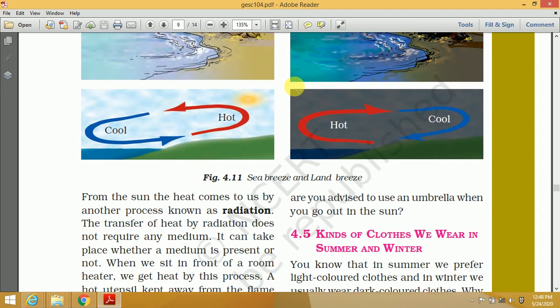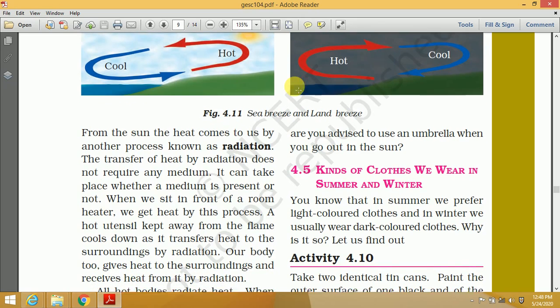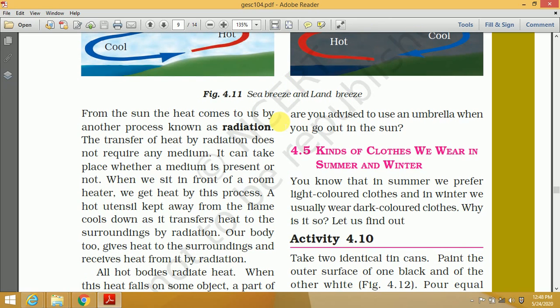Okay, now the third method of the transfer of heat, that is radiation. We have discussed conduction, which takes place in solids, and convection, which takes place in liquids and air. But the third method is radiation. How does the heat from the sun reach us? There is no solid between the sun and us.